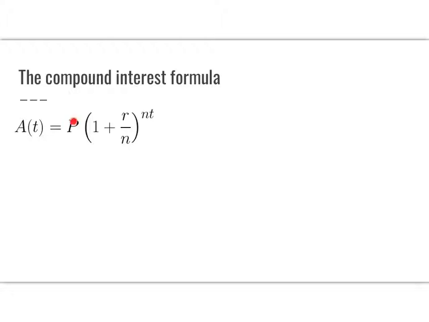P is the principal, however much you started with, so it's like the initial amount you put in a savings account. r is the rate, called the annual percentage rate. n is the number of times it's compounded in a year, and t is the amount of time that has passed. So that's what the compound interest formula is. Principal amount, APR, number of compounding times in a year, and t is then the measure of years.